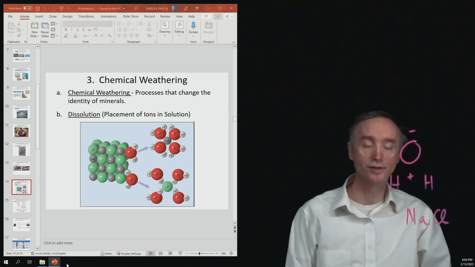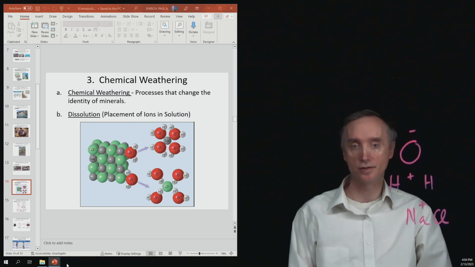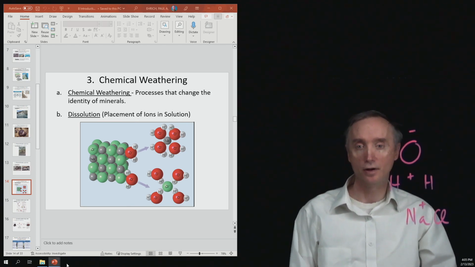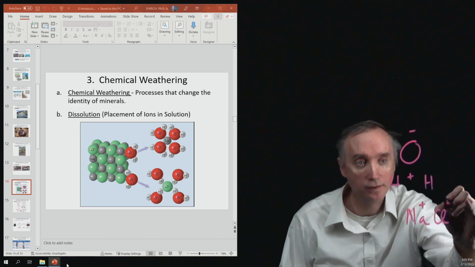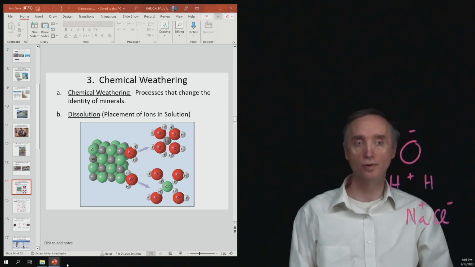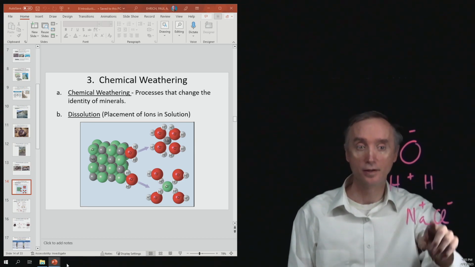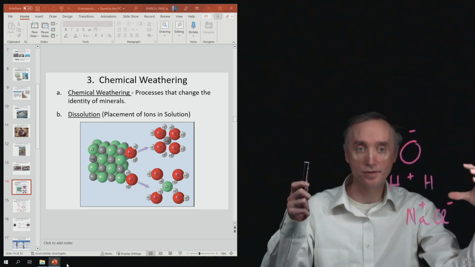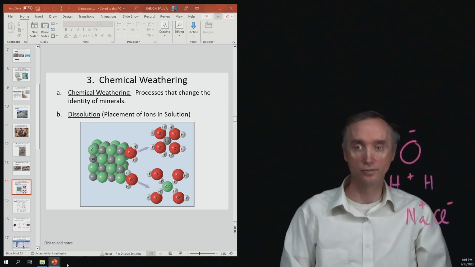If it gets rid of a negative electron, that means that sodium, when it's ionized, is going to be positive. Chlorine, on the other hand, is in column 7 of the periodic table. It wants to take an electron, which means that it is going to be negative. Now when you put the two of them together, it's electrically neutral, but it's two ions that are attracted to each other because they have opposite electrical charges.